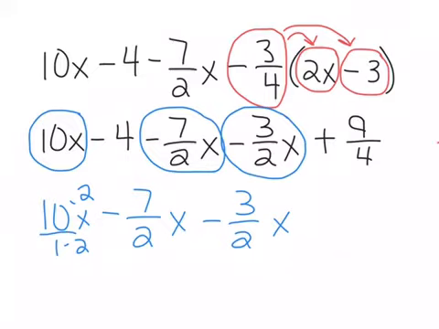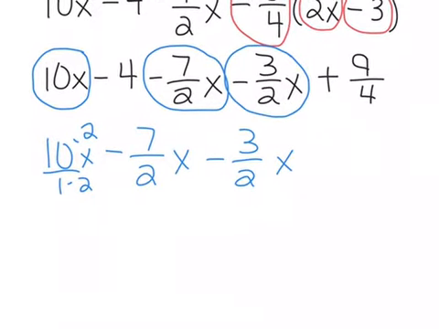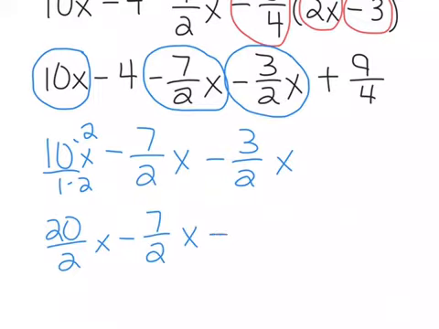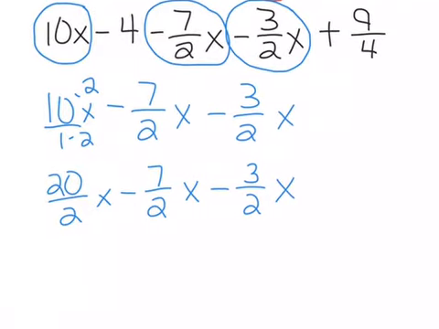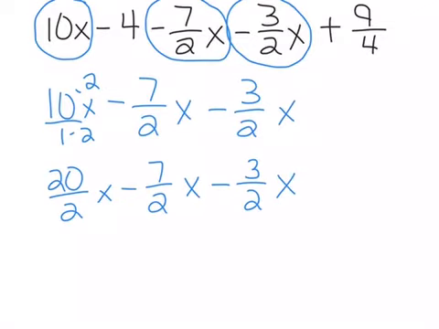I'm going to scroll down to give myself a little bit more room here. And I'm going to rewrite this as 20 over 2x minus 7 over 2x minus 3 over 2x. Now if I put together the 20 over 2 minus 7 over 2, that will give me 13 over 2x minus 3 over 2x.